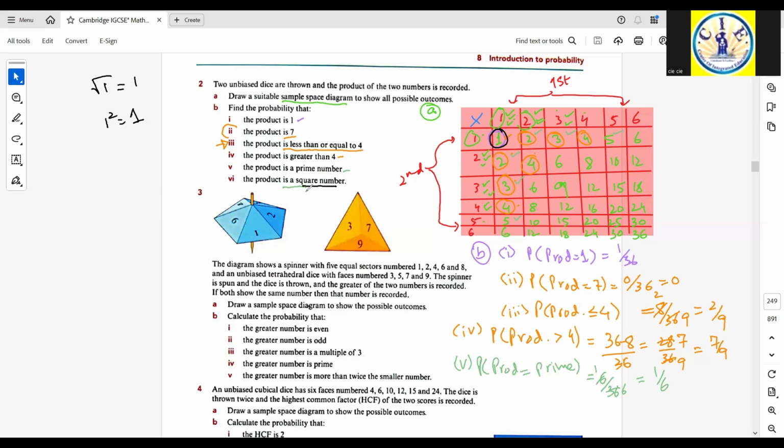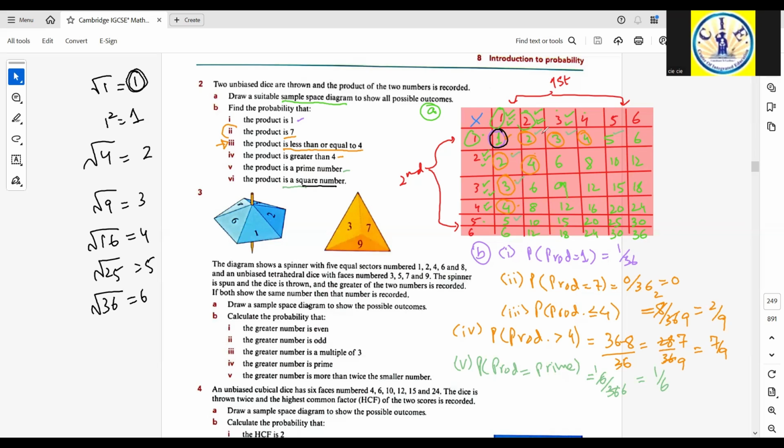A square number is a number whose square root gives you a whole number or an integer, a positive integer. Similarly, 4, when you take its square root, you get 2. Then square root of 9 is 3, square root of 16 is 4, square root of 25 is 5, and square root of 36 is 6. So all these are square numbers.